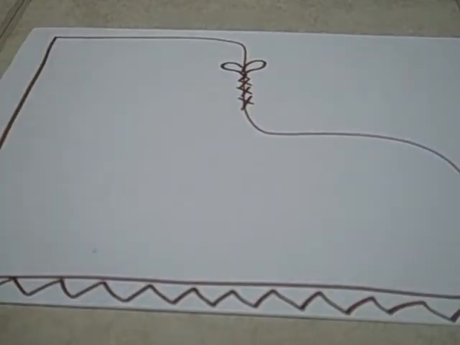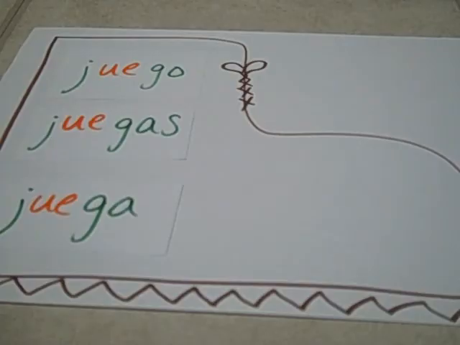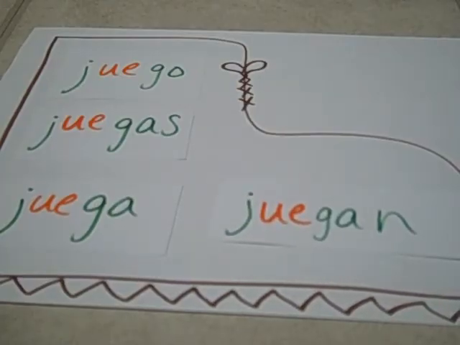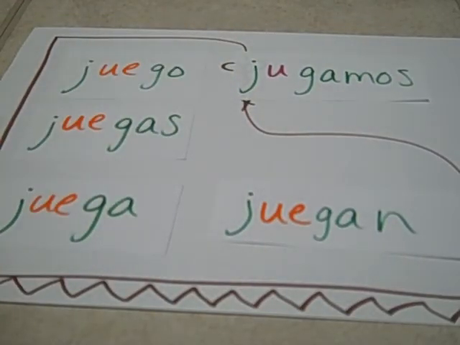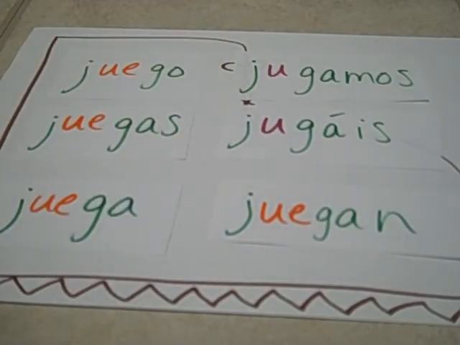So the forms of jugar will be yo juego, tú juegas, usted juega, and ellos, ellas, ustedes juegan. But, just like the other verbs, we don't change the nosotros. So we have nosotros jugamos, and vosotros jugáis.